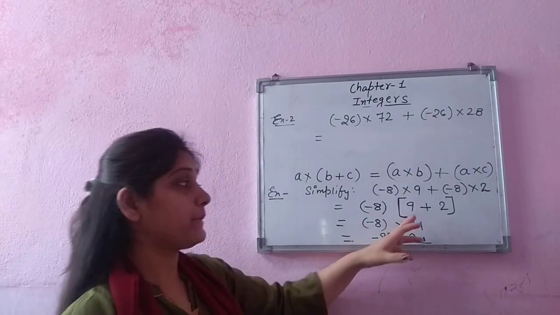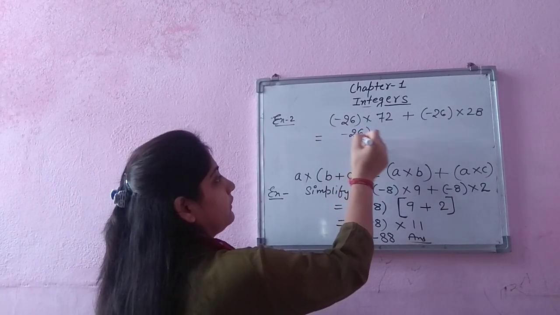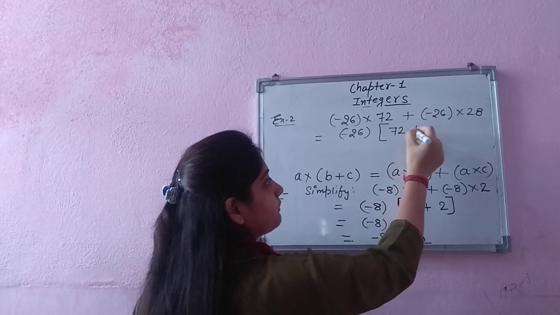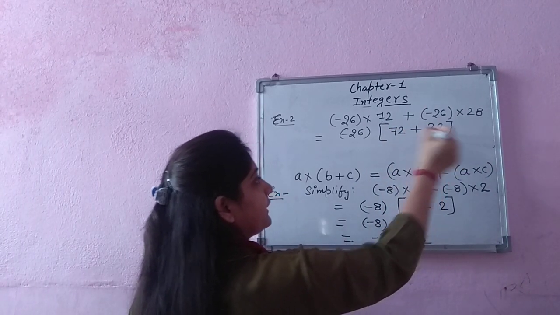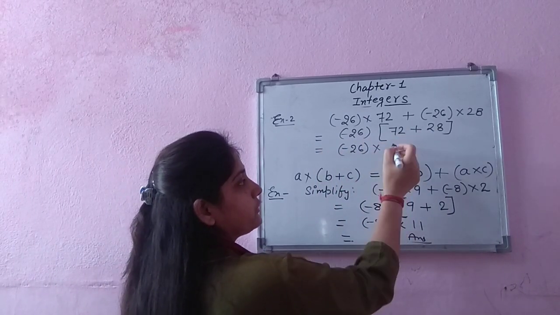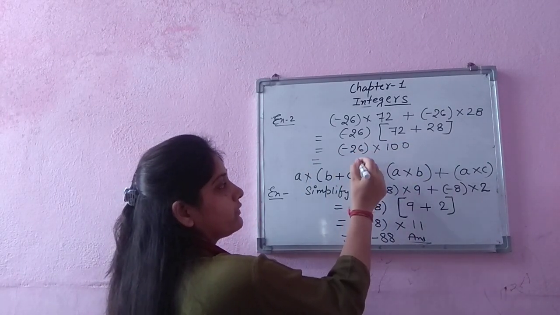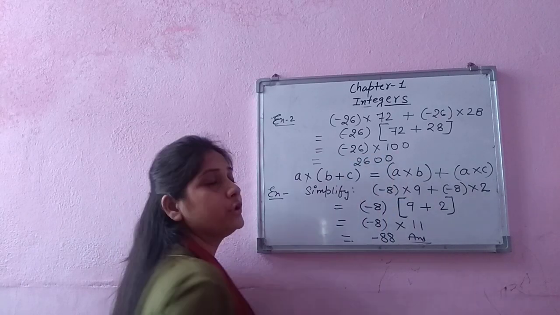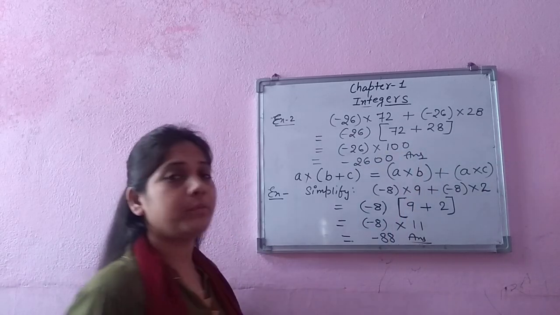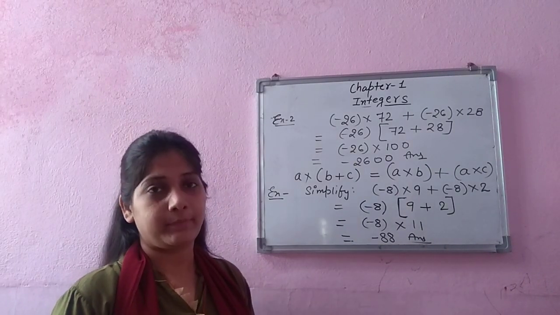So here the first step, as I told, we can take -26 as common, and then whatever is left will be inside the bracket: 72 plus 28. Now -26 multiplied by the sum, when I add, I get 100. That is very easy to multiply. 26 and 2 times 0, 2600, and with the negative sign. So I hope now you feel that really the properties are very helpful for bigger digits especially.